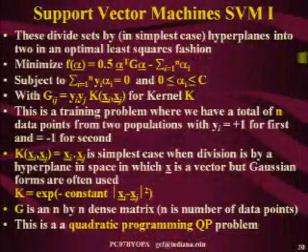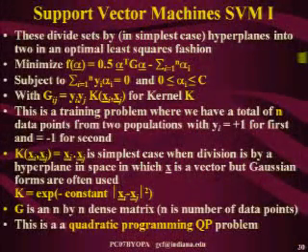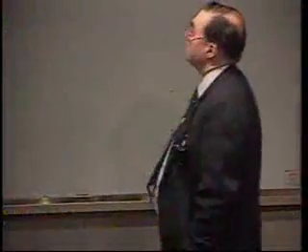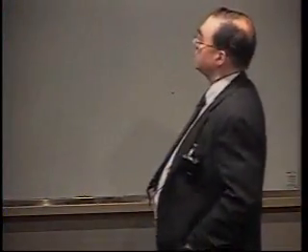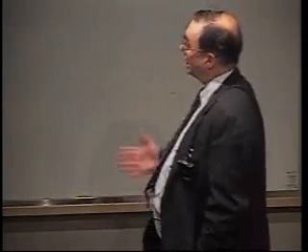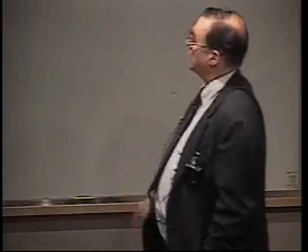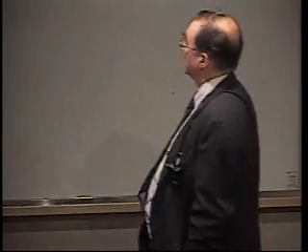So here's some fancy mathematics. We use effectively a least squares minimization principle to find this hyperplane, and it ends up as minimizing a quadratic form subject to a set of both inequalities and equalities.